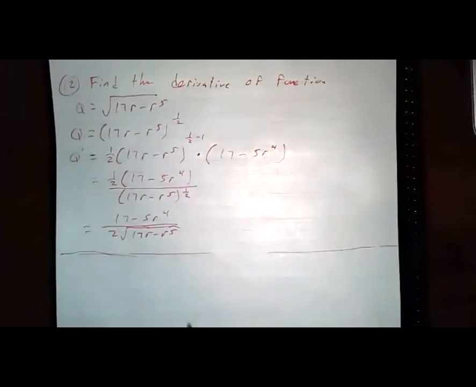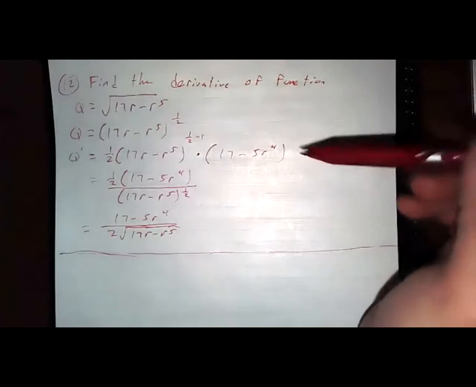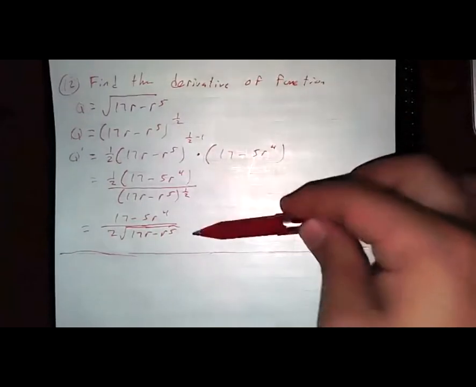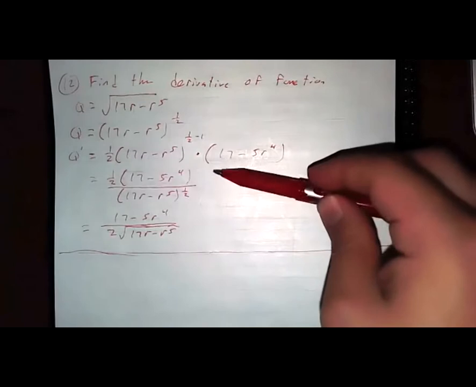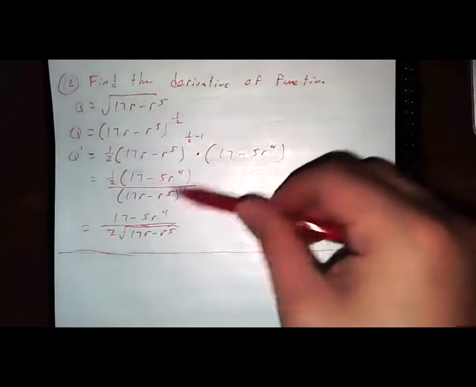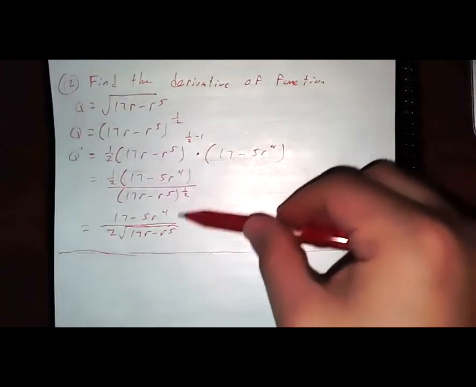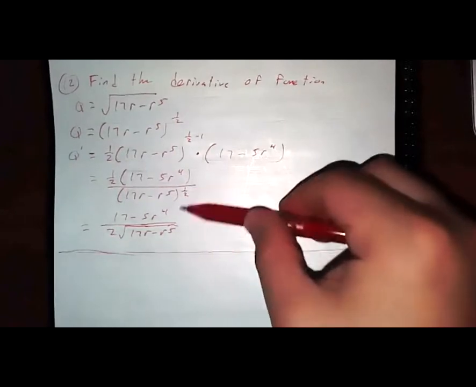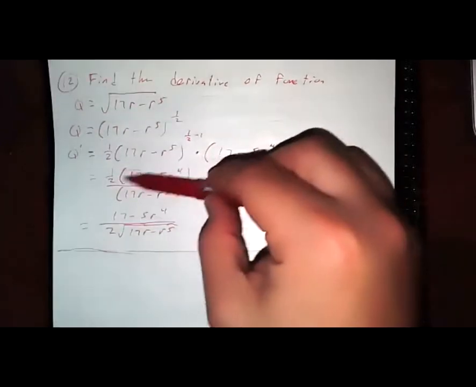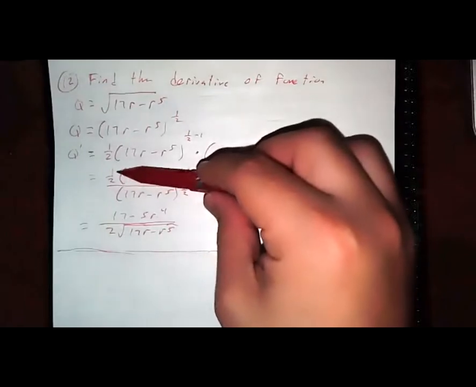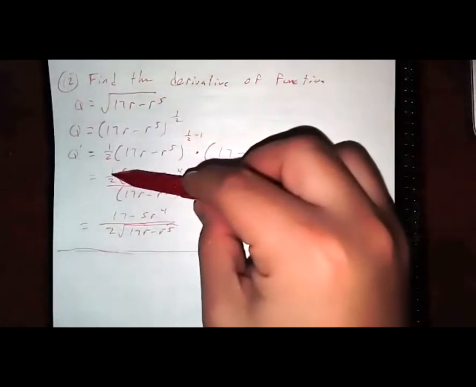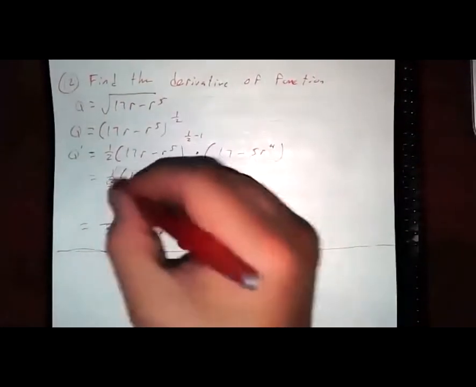Can you explain real quick how you got from the second-from-last to the last step, the 2 square root of 17r minus r? So the half power means square root, right? That's the same. Having the half here is the same as having the half out here instead.